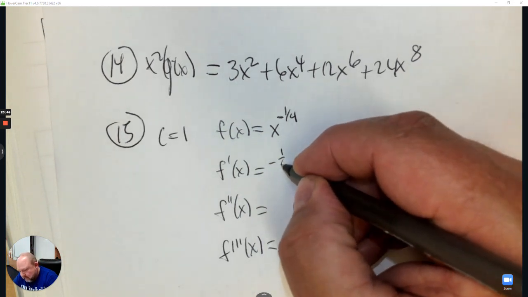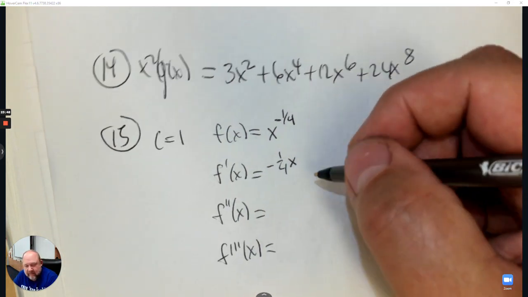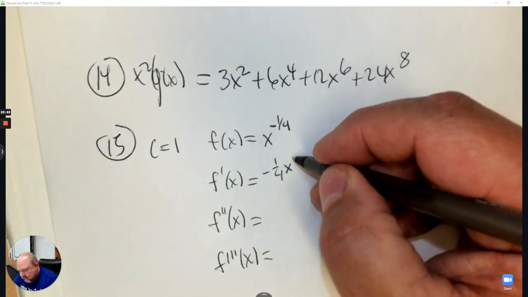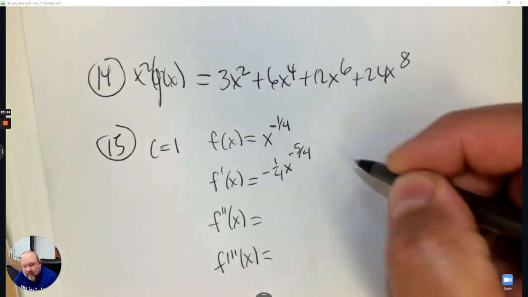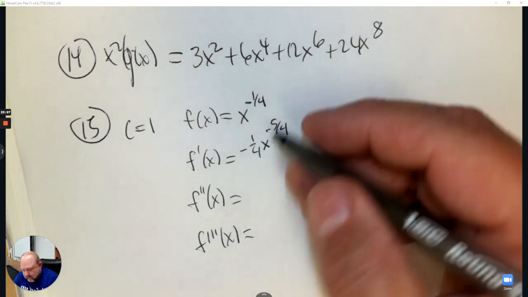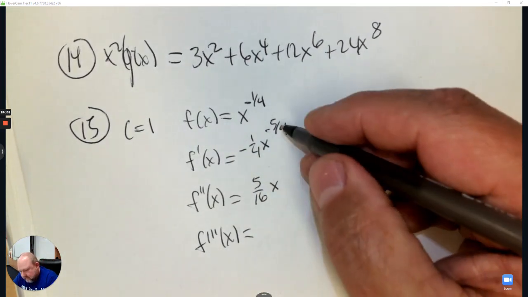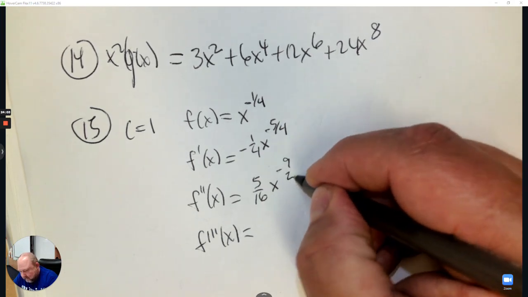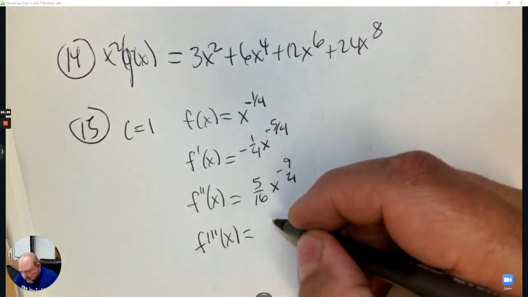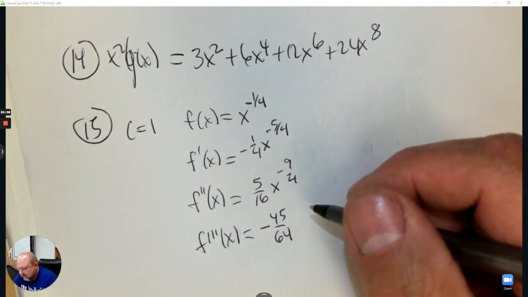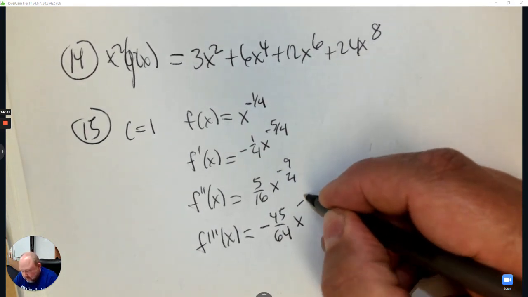So this is negative 1/4 x to the, subtract. All right, multiply, that's positive 5 over 16, x, and then subtract 1, negative 9 over 4. Multiply again, I get negative 45 over 64, and subtract.